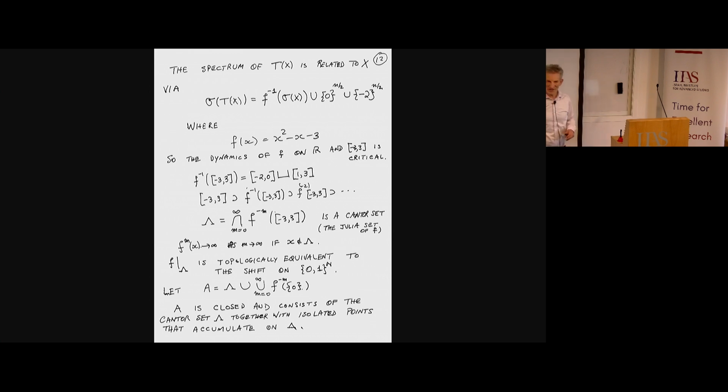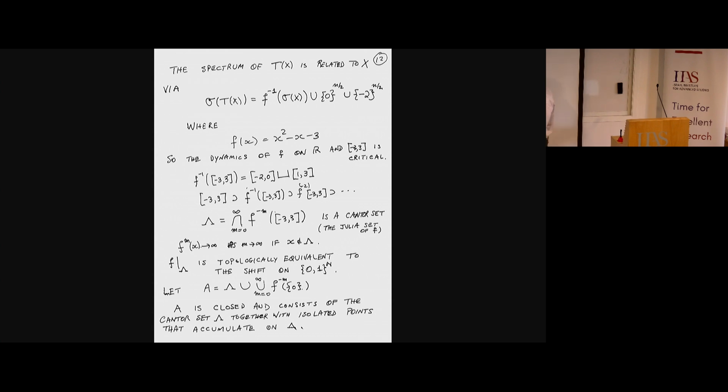So each time you apply T, you get these points with high multiplicity, and then you have to take the inverse image of sigma of X. So if you want to know what you do when you iterate this many times, you quickly land up looking at the rational dynamics of this map. That happens to be quite an easy one to study, and we study it. There's something called the Julia set, and the Julia set is actually a spectral set.